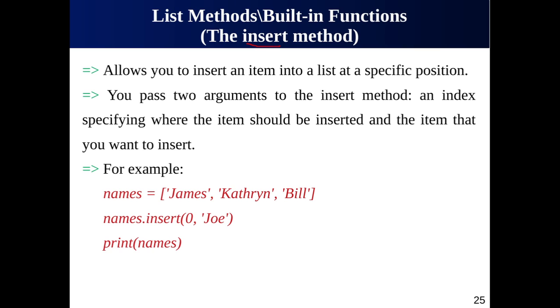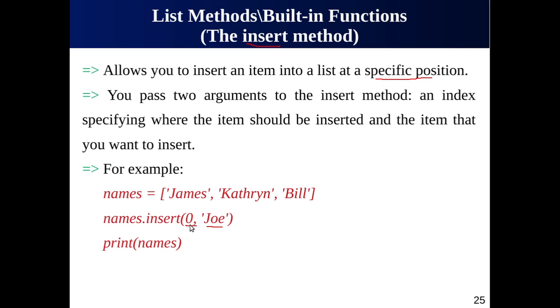So the insert method allows you to insert an item into a list at a specific location. Remember, specific location. Actually, you pass 2 arguments to the insert method. There is the index, specifying where the item should be inserted, and the item that you want to insert.